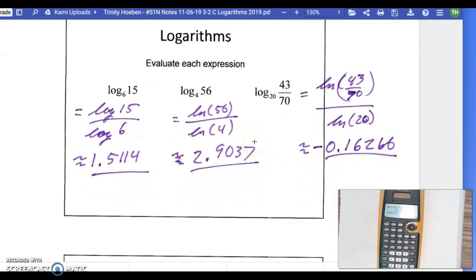Here's some more practice of rewriting with the change of base formula. We're going to go log of 15 divided by log of 6, and log of 56 divided by log of 4.